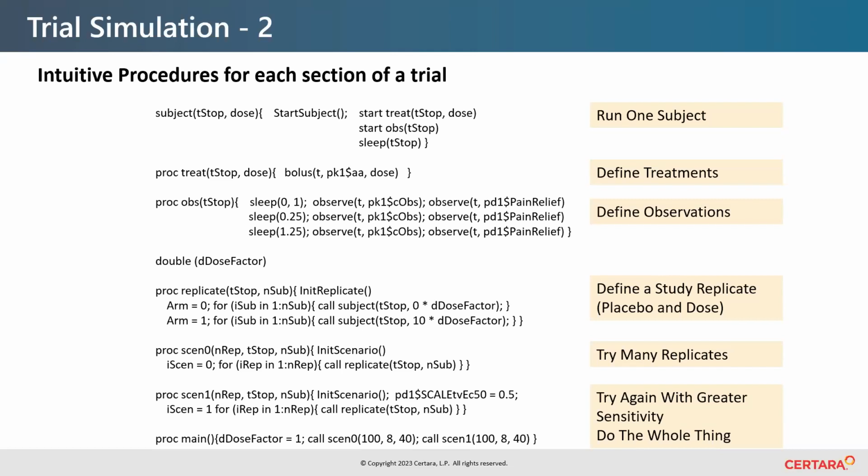Then there are the procedures for treatments and procedures for observations. When we start those, we start them in parallel. The treatments happen in parallel, the observations happen in parallel, and then we just wait until they're done.